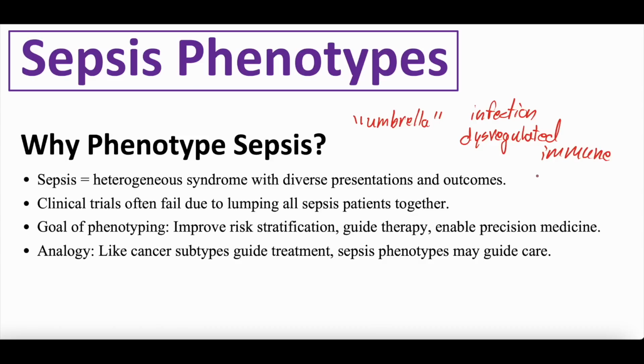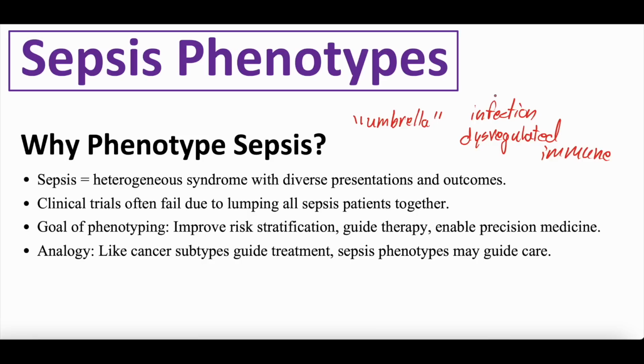Cytokine release, endothelial injury, microvascular thrombi, adrenal suppression, mitochondrial dysfunction, vasodilation, possibly sepsis-induced cardiomyopathy, but all patients act a little bit different. Right? Not every patient with sepsis looks the same.